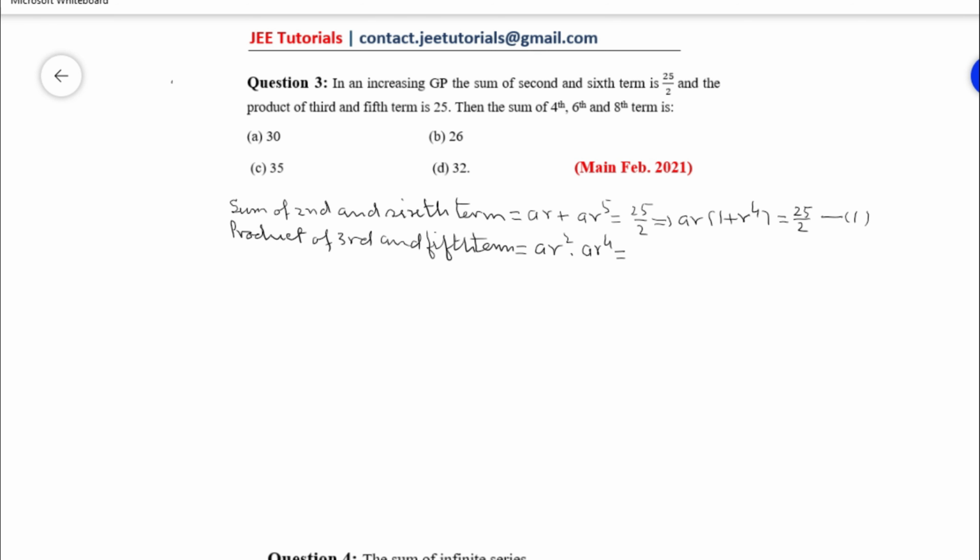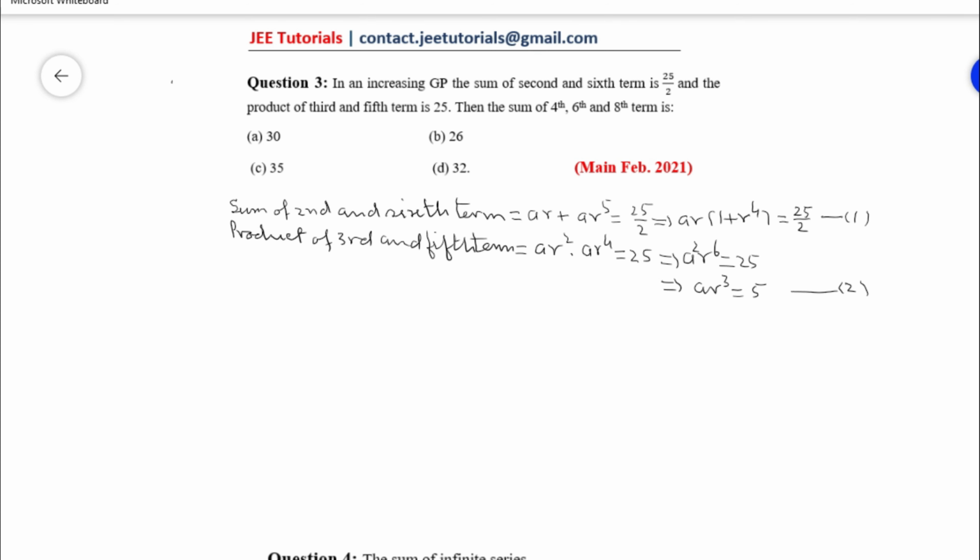This equal to 25, and this implies A square R to the power 6 equal to 25, and this implies AR cube equal to 5, taking square root. Suppose this relation is 2.